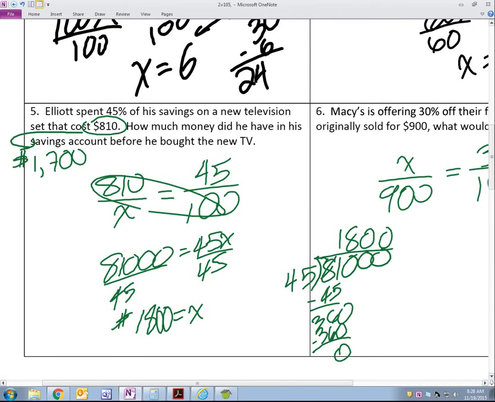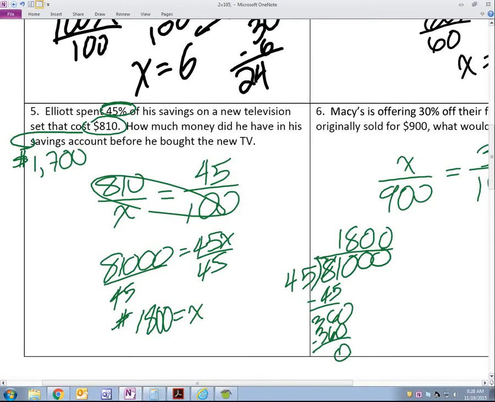Is $850 close to that? That's close, isn't it?